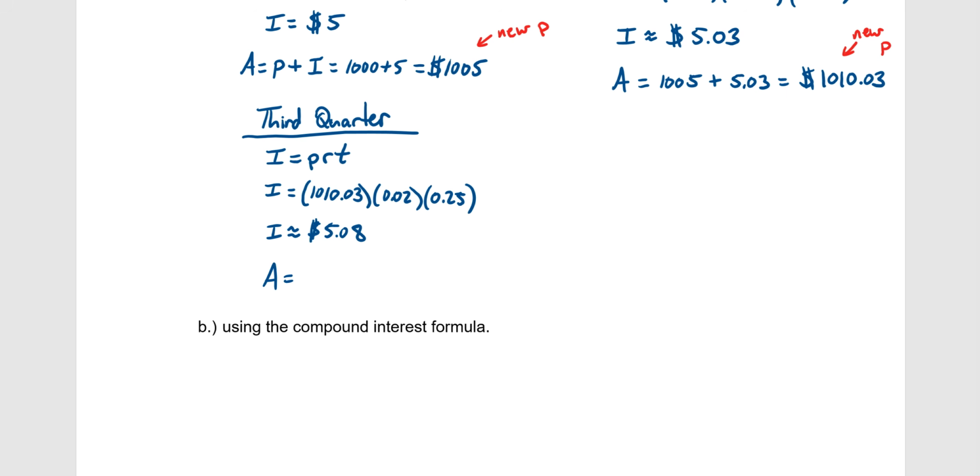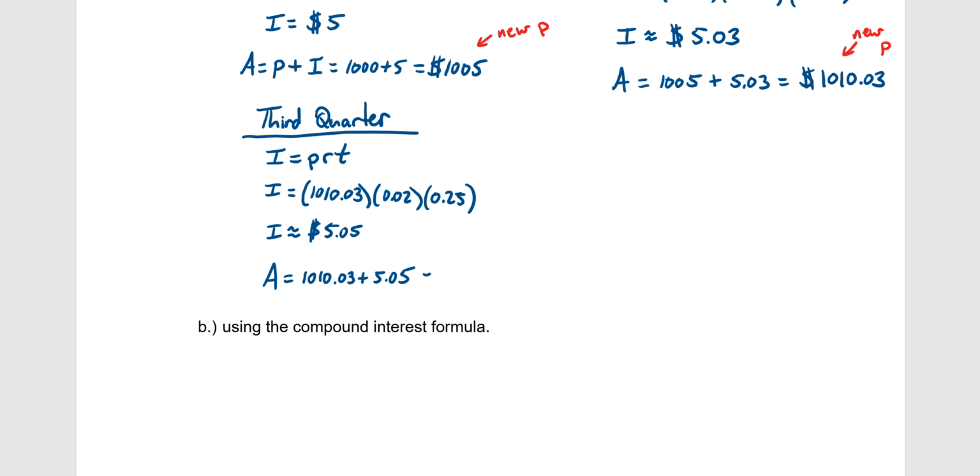So the new amount is going to be $1,010.03 plus the $5.05. I jumped ahead to the next one, so that was $5.05, not 8 cents.